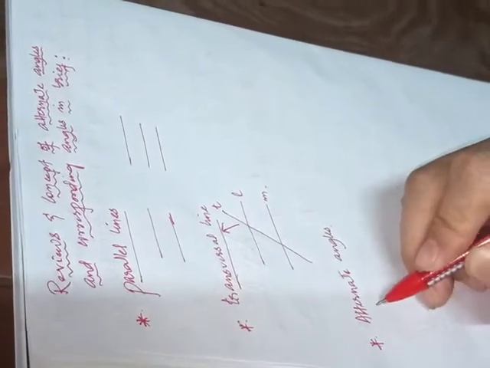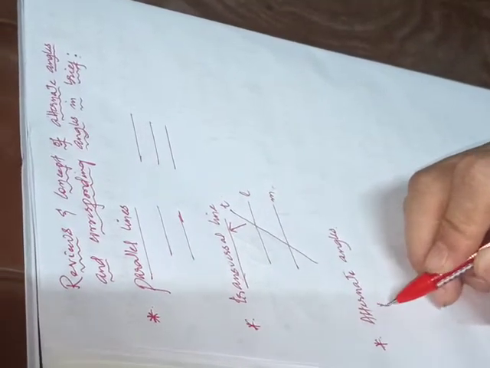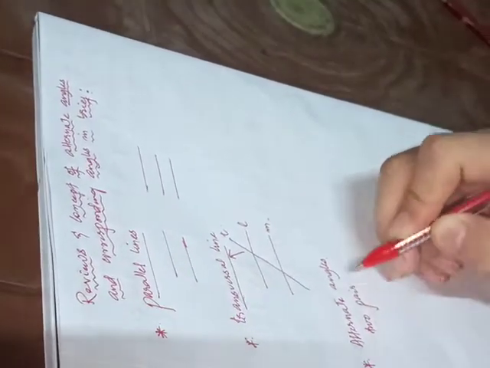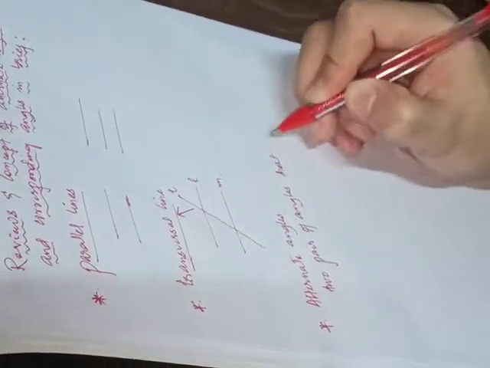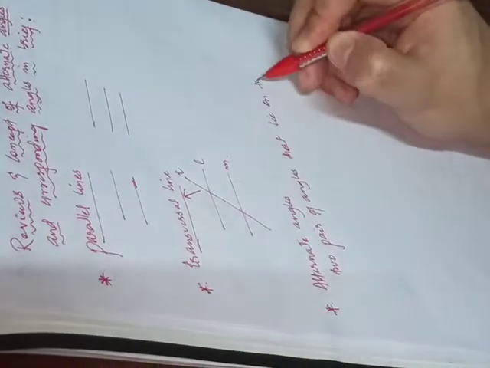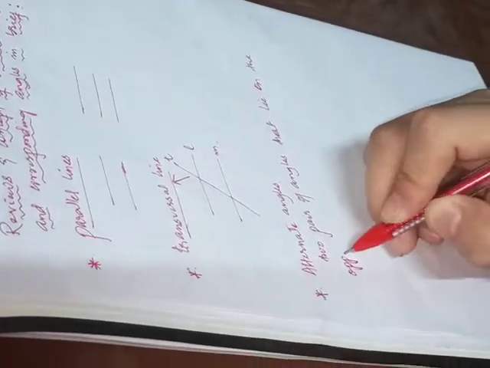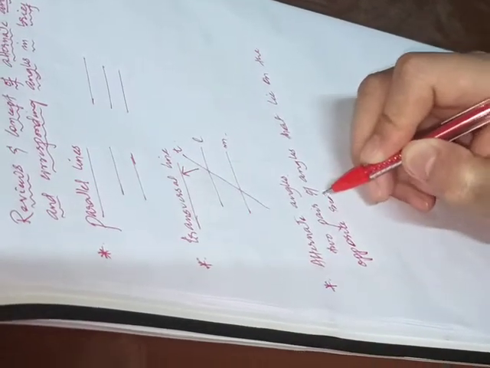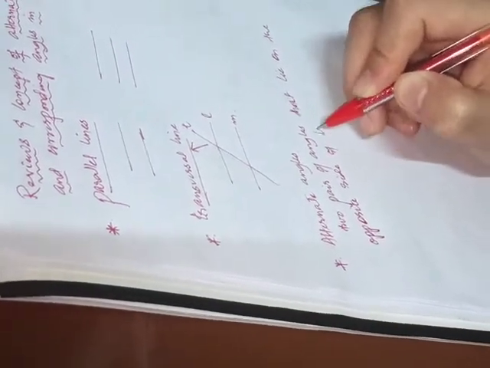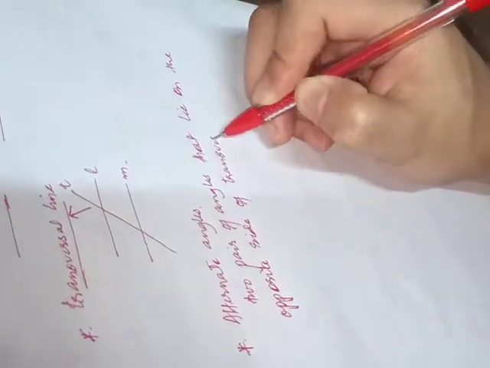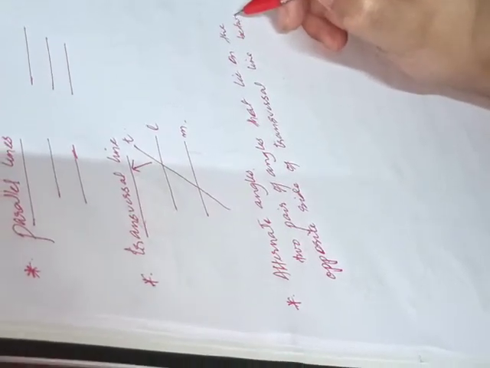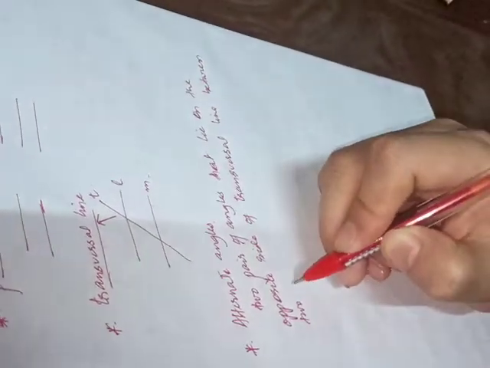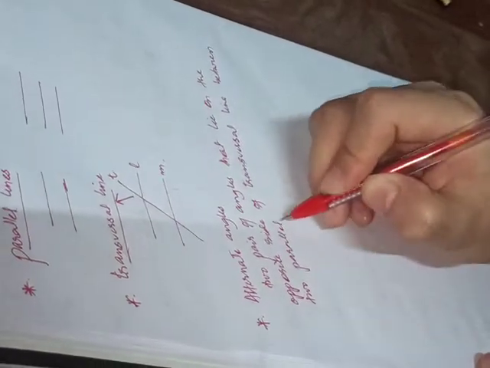So what are alternate angles? Alternate angles are a pair of angles that lie on the opposite sides of a transversal line between two parallel lines.